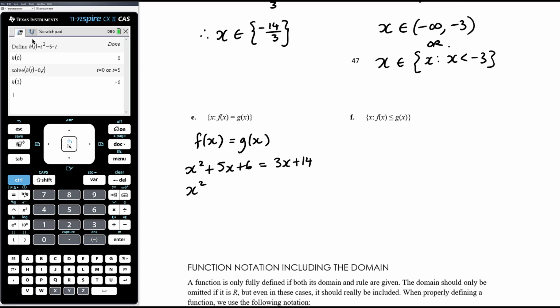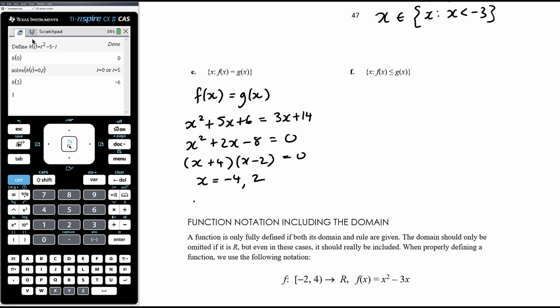Alright, collecting like terms, subtracting 3x and subtracting 14. That factorises, it's x plus 4, x minus 2. And so x plus 4 equals 0, which means x equals negative 4, or x minus 2 equals 0, which means x equals 2. And so therefore x is an element of the set of values that include negative 4 and 2.